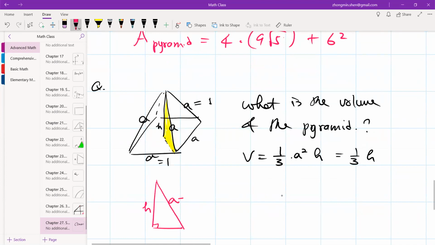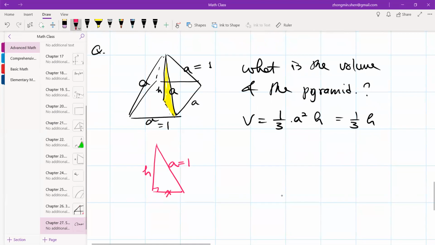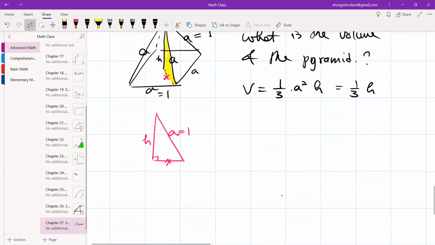This is A, which is going to be 1, right? And the bottom part is X. I don't know the X. Then I look at the square. How do I get X? This is a square, right? A equals 1. So where's the center? This part will be X. Do you agree? So how to get X?